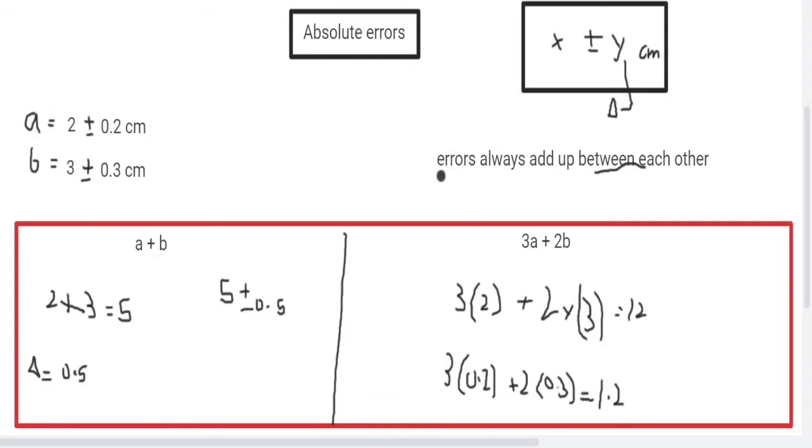Now you would notice that I said earlier that errors always add up between each other, and you can see that error is multiplying by 3, and that is also true because I've said that errors will add up. So the error in A plus the error in B. So I get my final answer as 12 plus or minus 1.2.